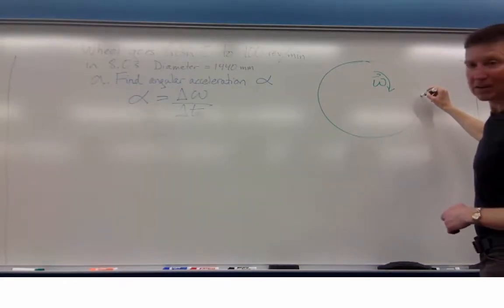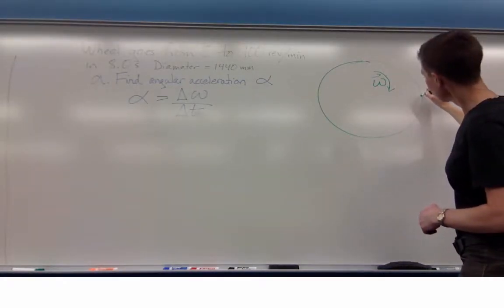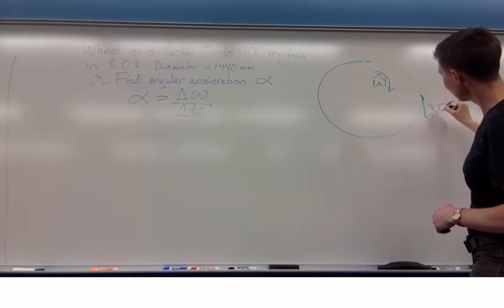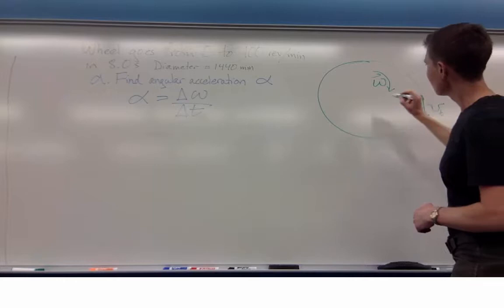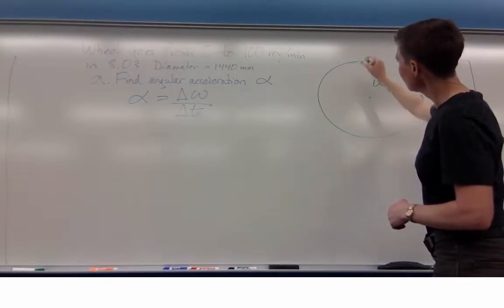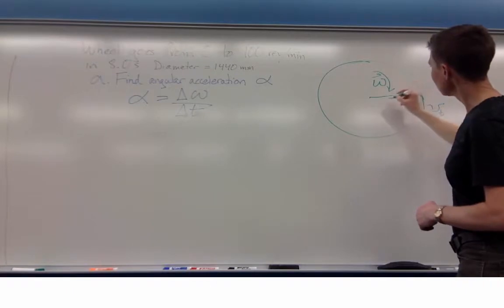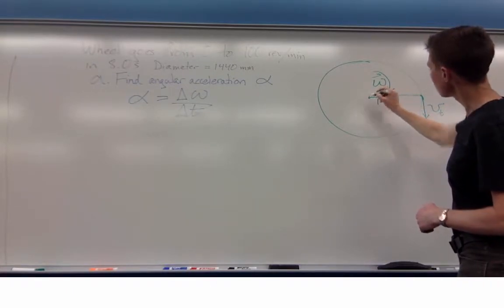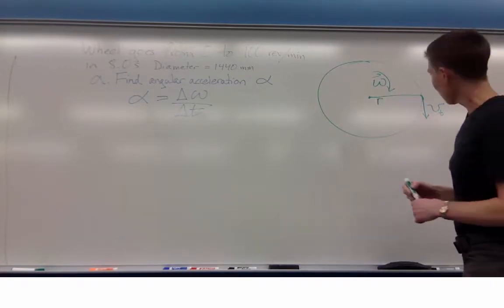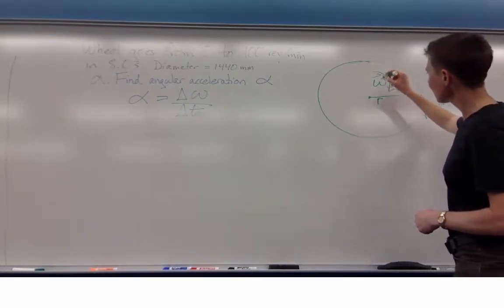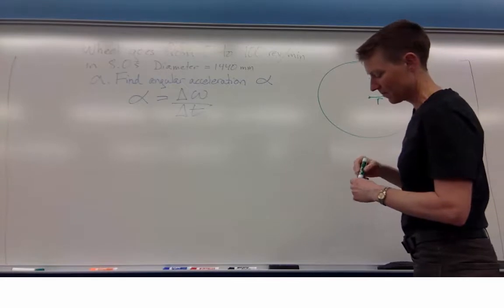If we looked at a point out here on the wheel, there would be a tangential velocity, like this. The radius of the wheel, just draw the radius, put it here. The radius of the wheel is from the center of the circle to the rim of the wheel. And there is some tangential acceleration and also some angular acceleration.